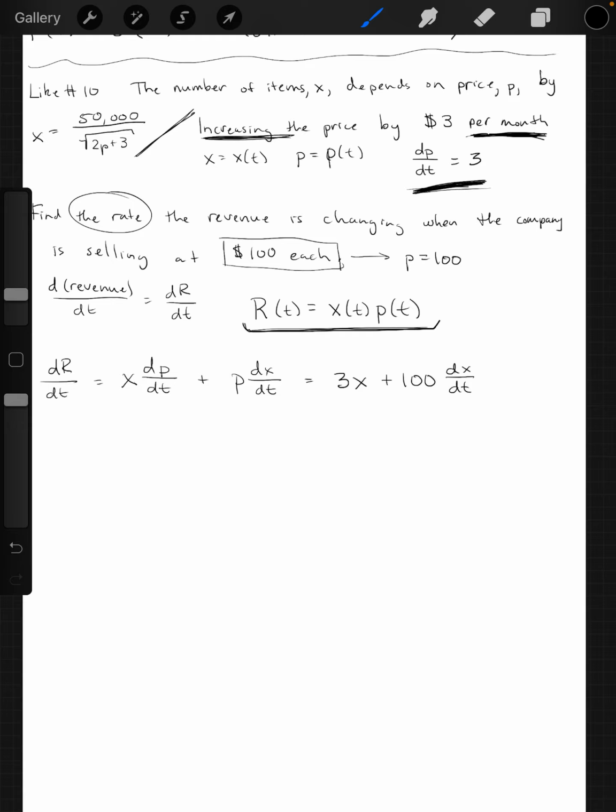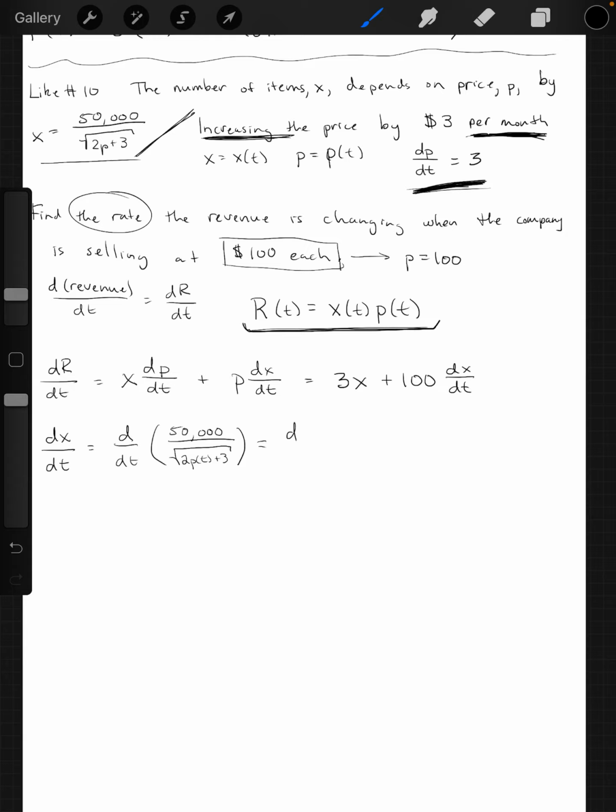And so to figure out dx/dt, that's going to be the derivative of this guy. So it's going to be d/dt of 50,000 over the square root of 2p(t) plus 3.